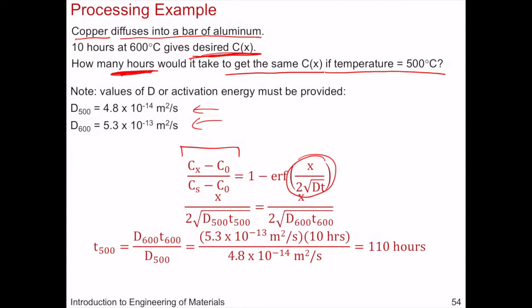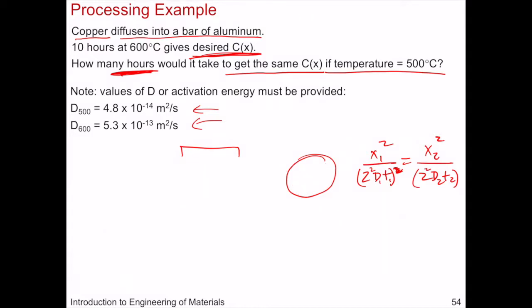So if that's the case, then we can rearrange this. We can set x1 over 2 root D1t1 equal to x2 over 2 root D2t2.